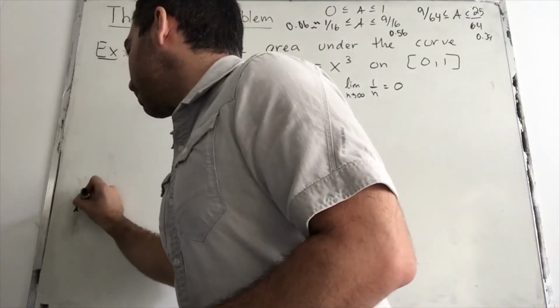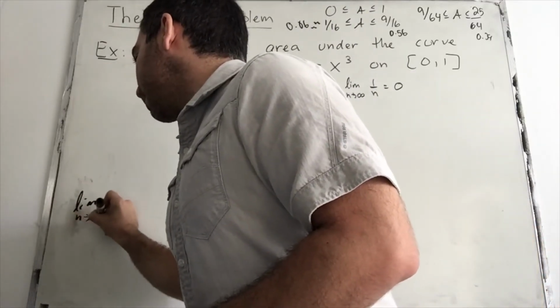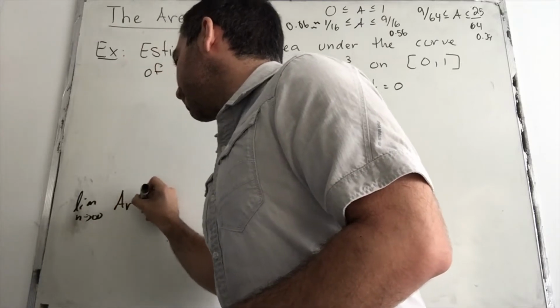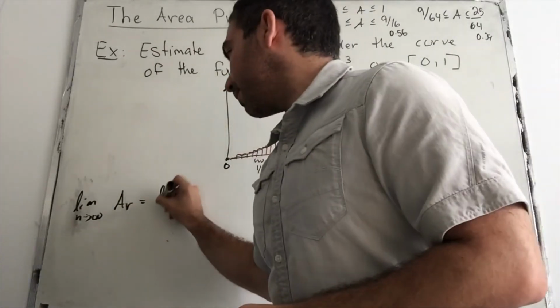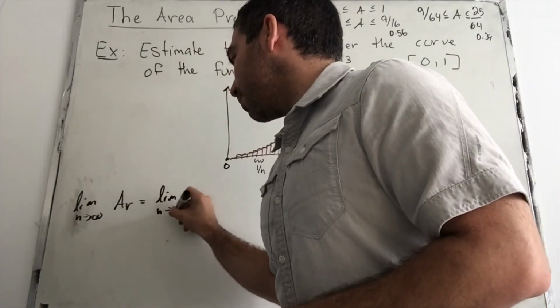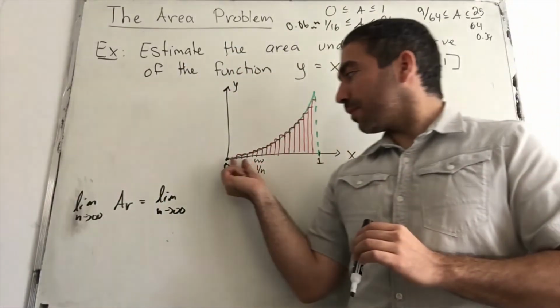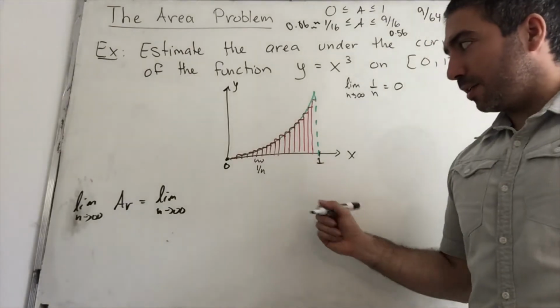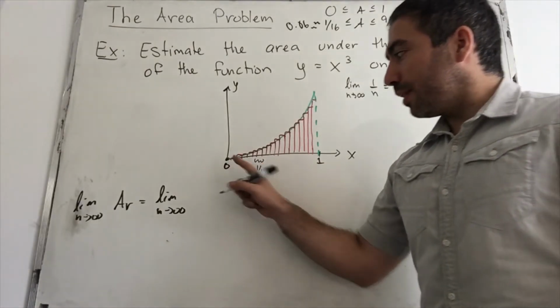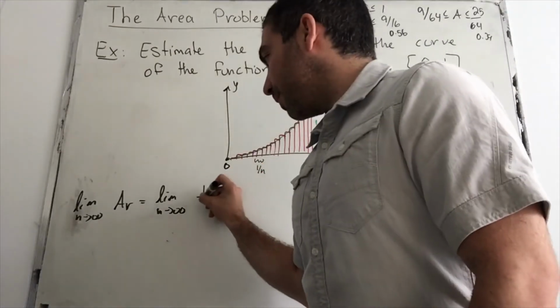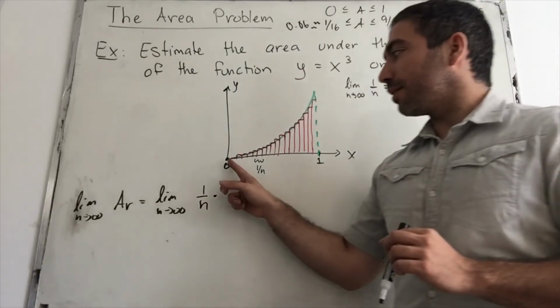So we'll take the limit as n goes to infinity of AR. Okay, so we have the limit as n tends to infinity. And how do we find the area of this guy? Well, the first one here is going to be, well, the width is 1 over n, so it's going to be 1 over n times, what's the height?